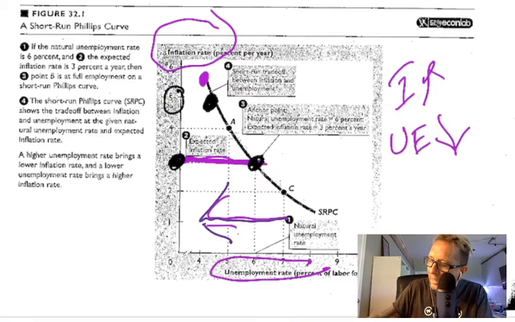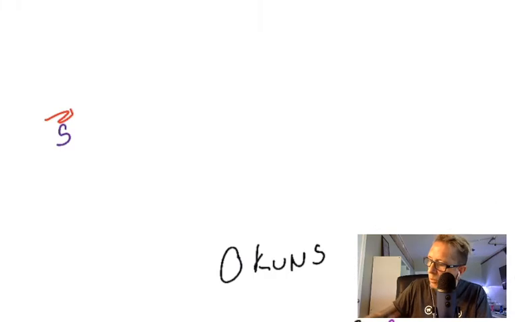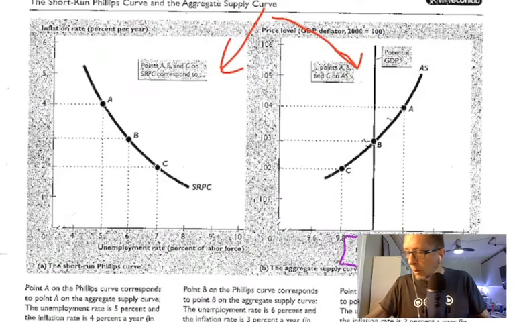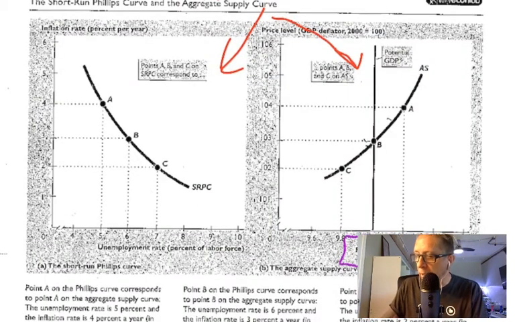The big connection then is down here, where you connect it to the real GDP and the price level, so that aggregate supply essentially. You can see that it's a kind of a mirror image. So when, say, we're right here on our short run Phillips curve, the unemployment rate is at 7, the inflation rate then at 2 in this picture.